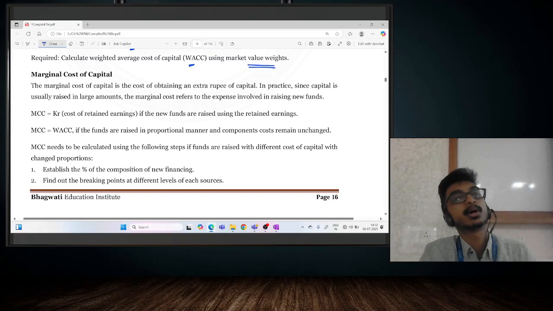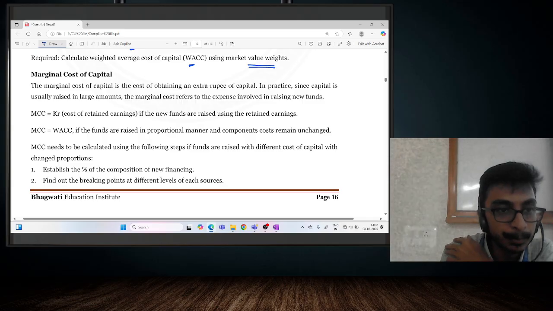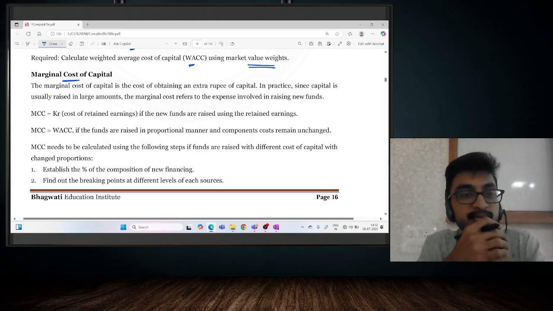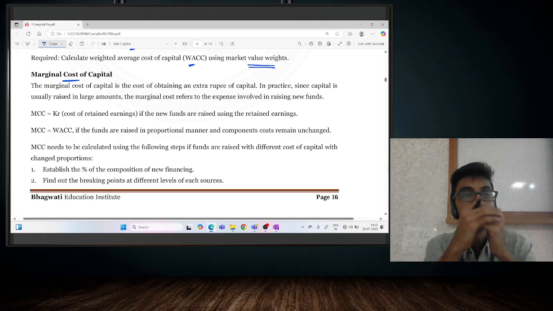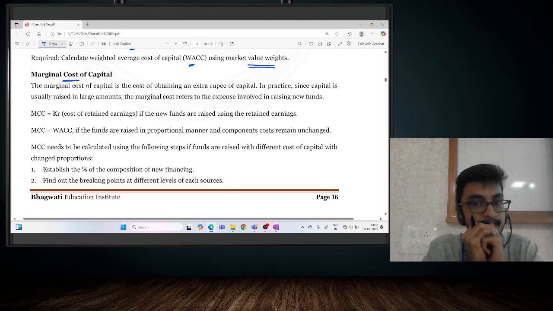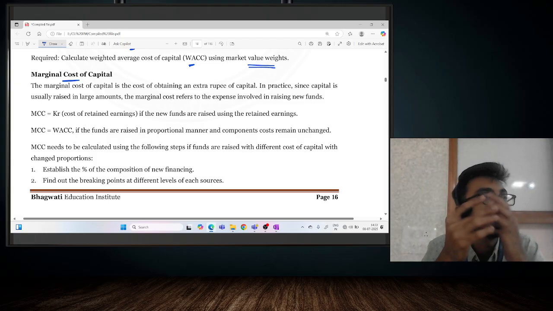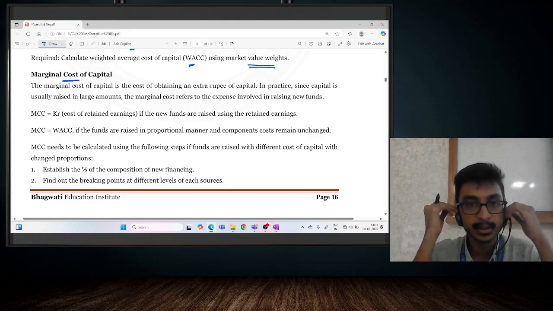So write on the next topic, marginal cost of capital. Write down marginal cost of capital.